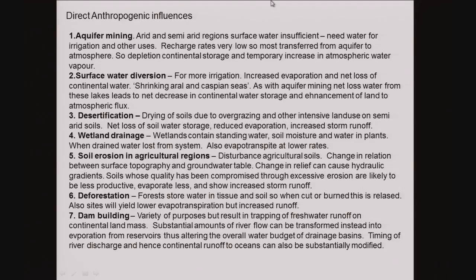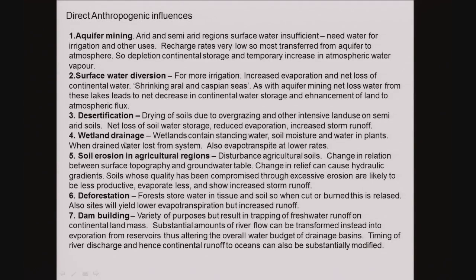Okay, so I'm not going to go through this whole slide. Needless to say, there are some direct anthropogenic influences, so ways in which humans can directly influence water in the climate system. I recommend you read through this slide in your own time.